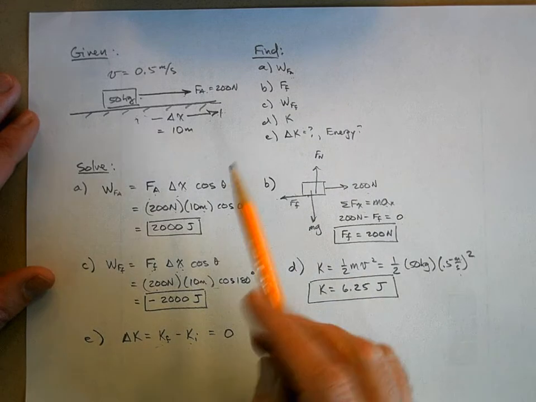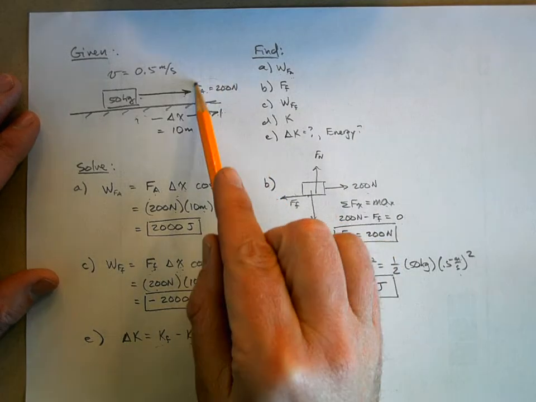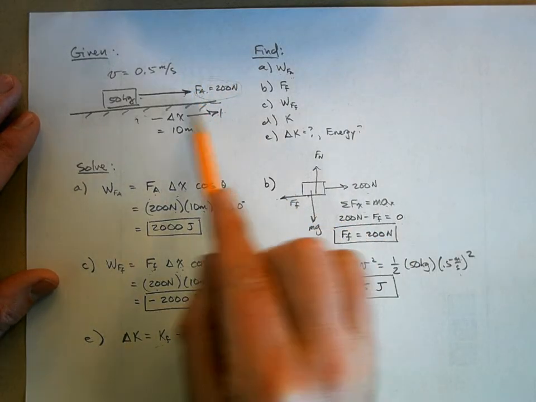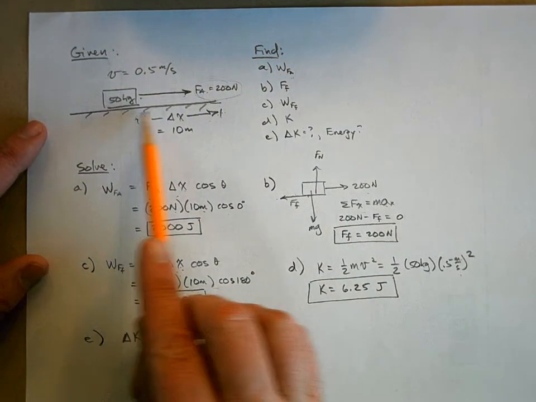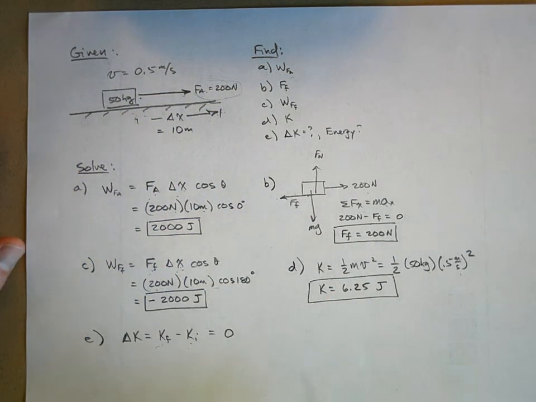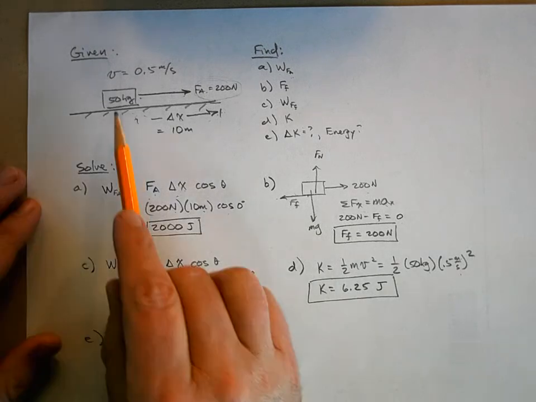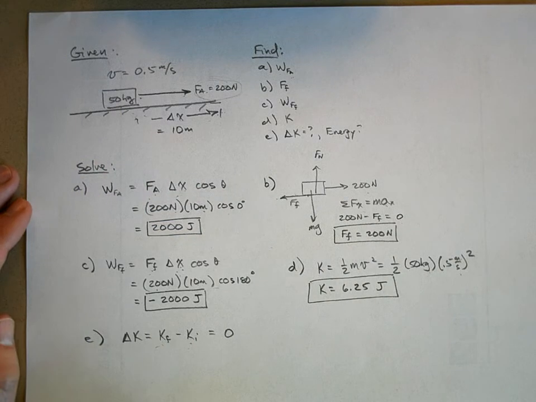So here, this person pulled on this crate through 10 meters and transferred energy from his body into this moving crate. But the moving crate didn't gain any energy. What happened to it? It had to go somewhere.